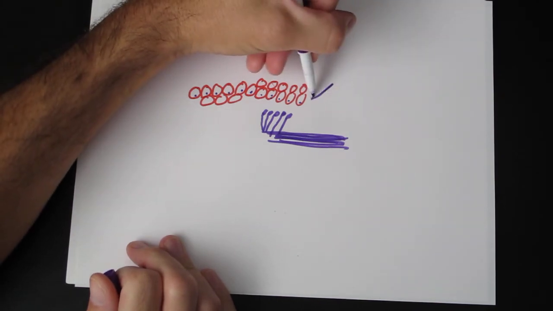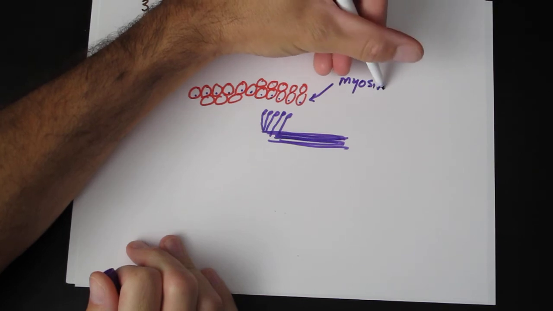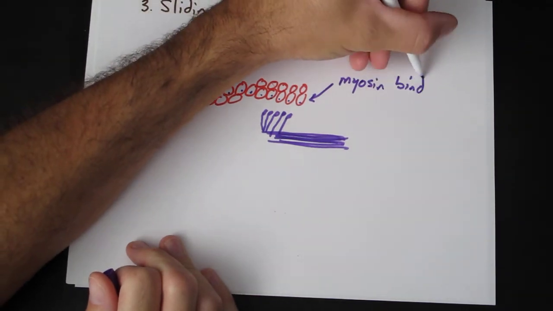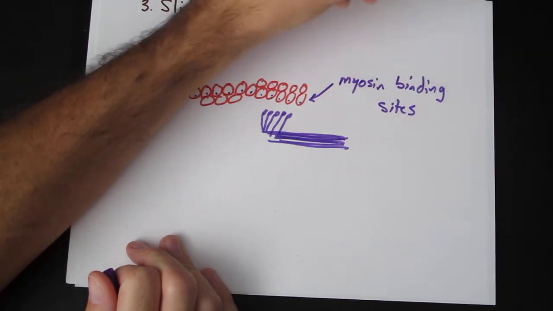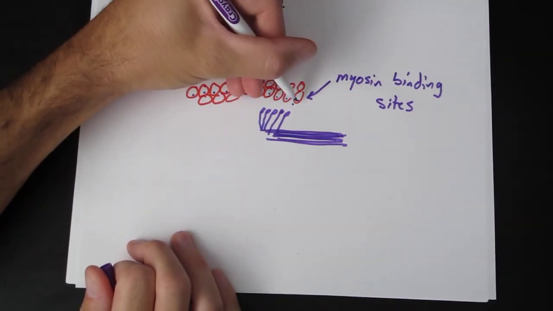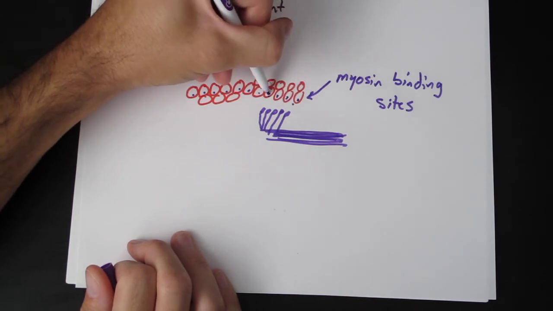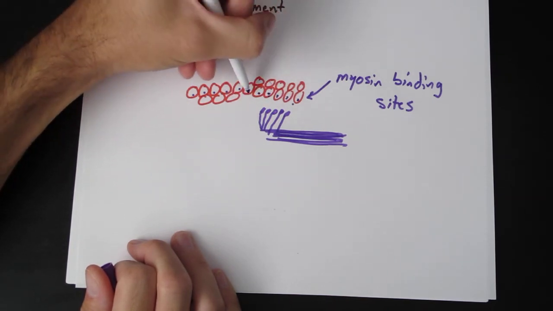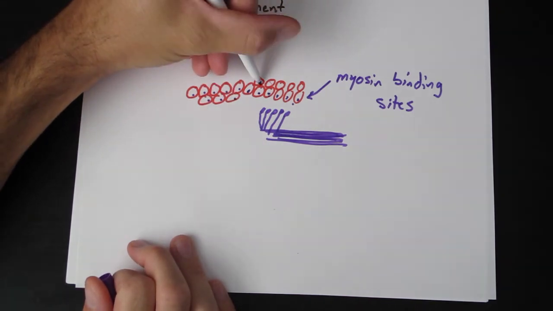These are myosin binding sites, these little purple dots. Ignore that one. So we have these myosin binding sites on every single one of these guys.